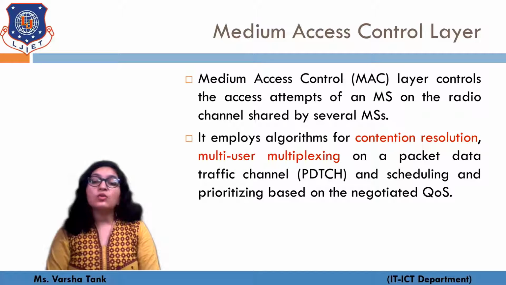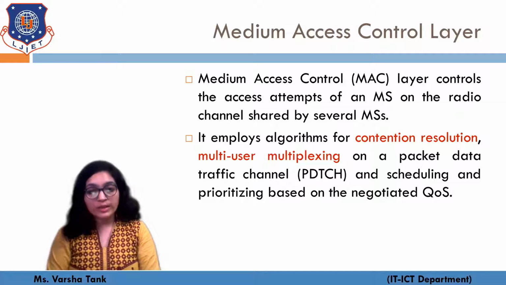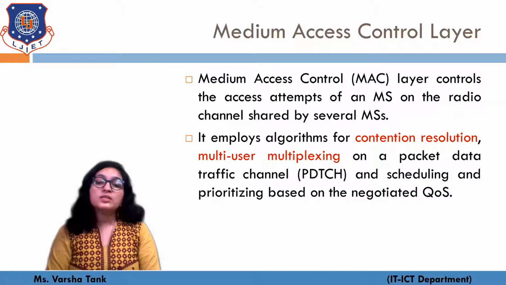The medium access control layer controls the access attempts of the mobile stations on the radio channel shared by several mobile stations. It is responsible for contention resolution and multi-user multiplexing. At the same time, different numbers of users can use the same medium. So to provide proper communication between multiple users, the medium access control layer is used.